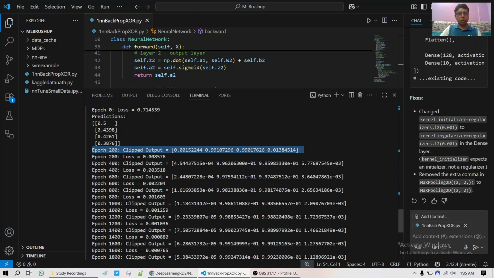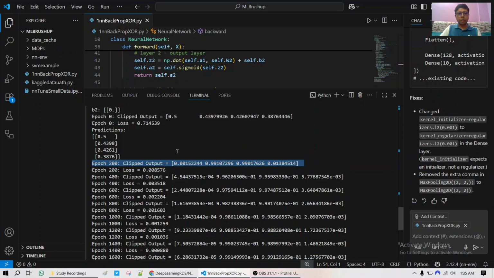At epoch 0 this was the value for that output, and this is the output value after epoch 200. So now you're getting how the neural network is learning. And here we see the loss function value going gradually lower.